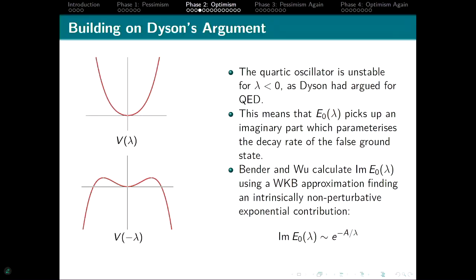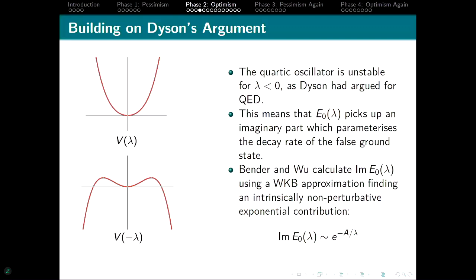And we can sort of see why it's a divergent series in a way which has some analogues to the argument that Dyson had earlier for why QED perturbation theory diverges. So this is the potential of the quartic anharmonic oscillator. If we consider the case where the coupling constant is taken to be negative rather than positive, you get a potential that looks like this.